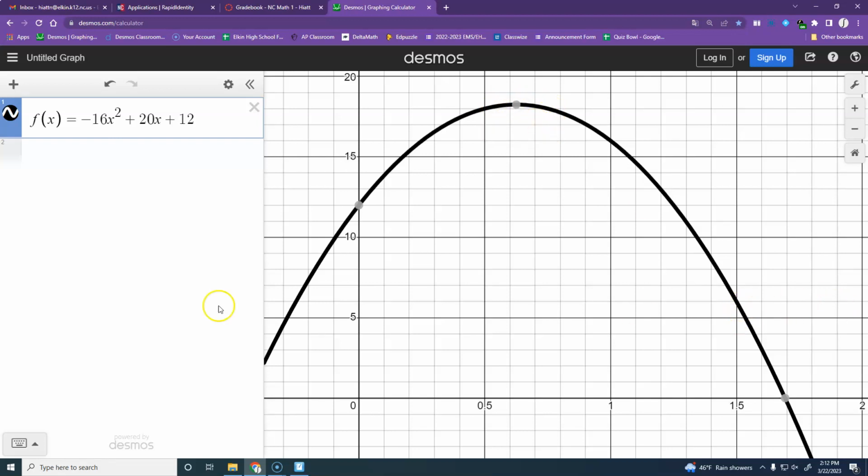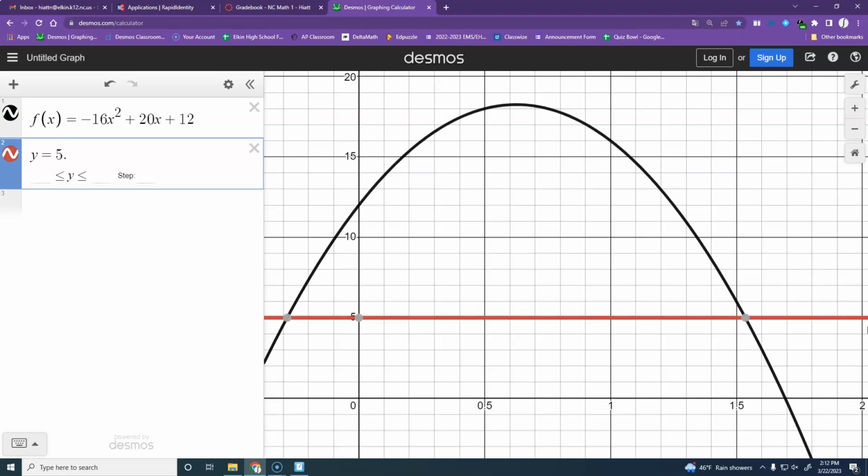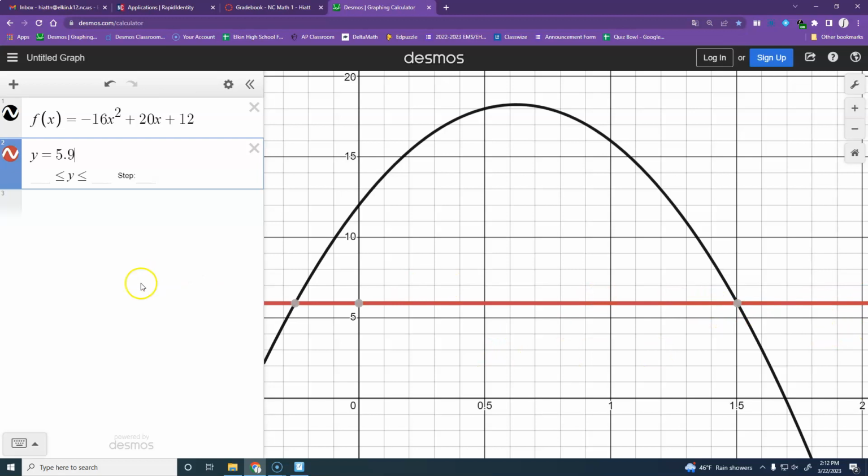I could also tell you that if, let's say, Evan is standing out there and Evan is 5.9 feet tall, then I can tell you that it'll take 1.5036 seconds till he gets hit in the head by this ball that I have thrown, if he is in that line of that path.